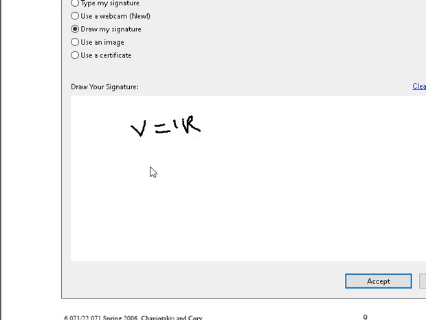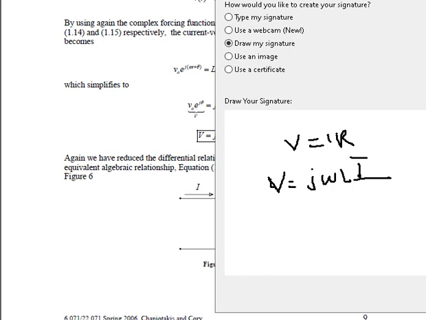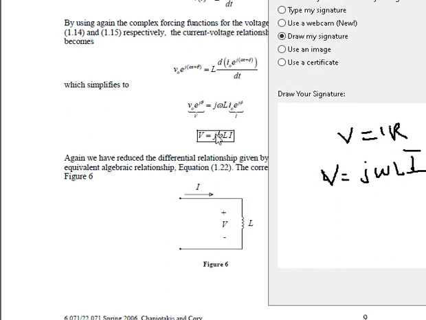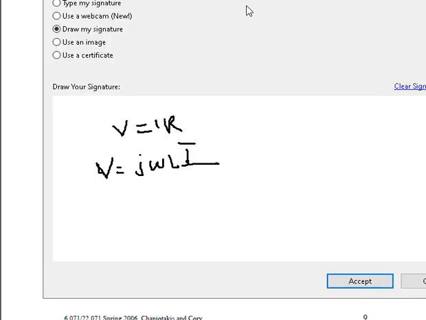So from that equation, na na-derive natin, we have the voltage is equals to J omega L multiplied by the current, no? Tingnan nga natin. Ay, tama, no? J omega L multiplied by current. Okay, so J omega L multiplied by the current.